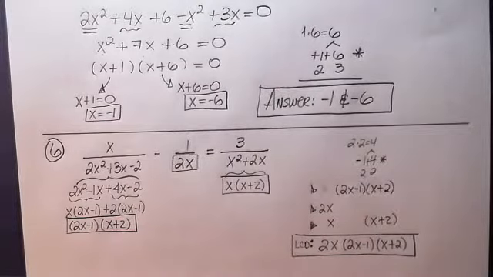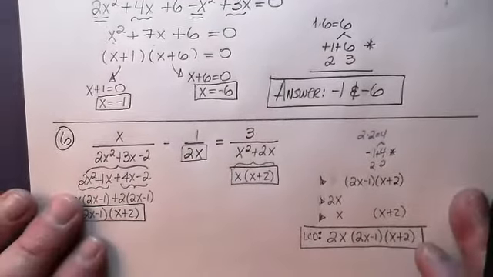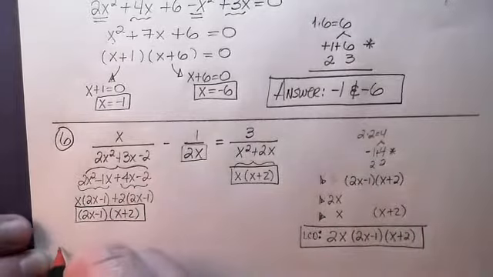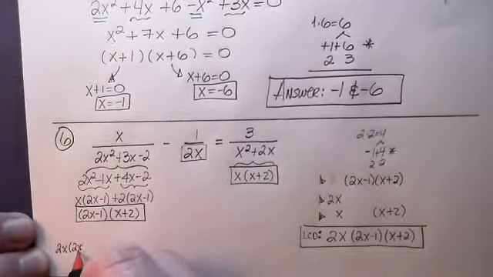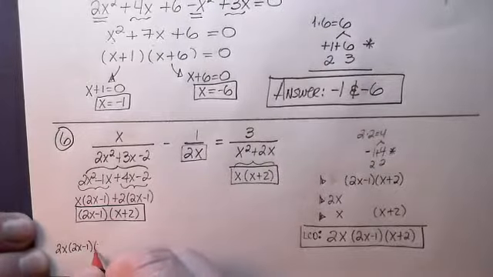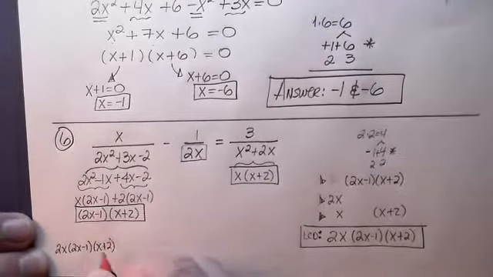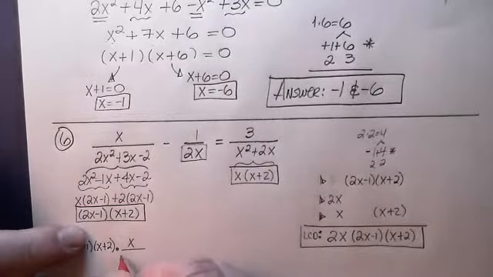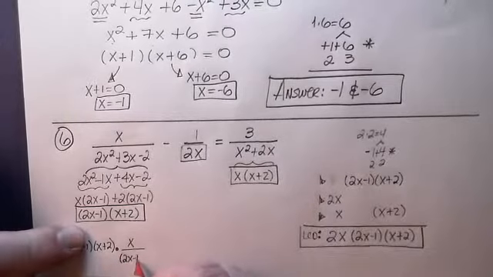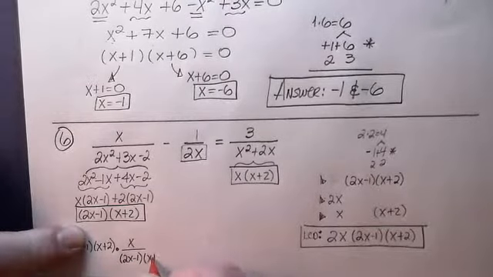Now that means I'm going to take each one of these terms and multiply by my LCD. So let's go ahead and do that. I'm going to do 2x minus 1, x plus 2. Copy the first fraction in factor form, so this would be 2x minus 1, x plus 2.